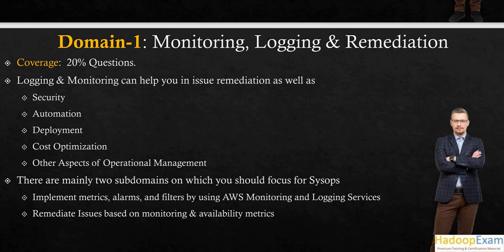So as discussed, 20% of the questions come from this domain. What exactly logging and monitoring you would be doing for your AWS services? You would be checking for security issues in the system, or whether utilization of the services is going above your limit.